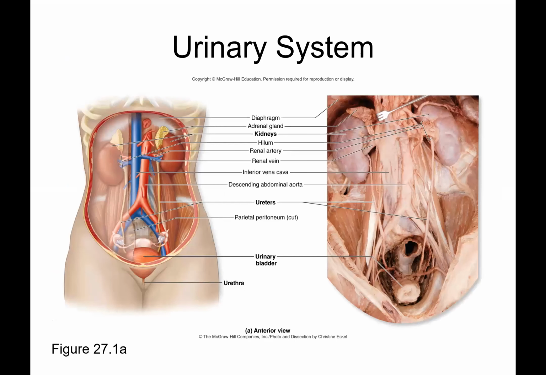All right, so let's start by doing some gross anatomy of the urinary system. Okay, so they are going to involve the kidneys and the ureters, which are the tubes that go from kidney down to urinary bladder.